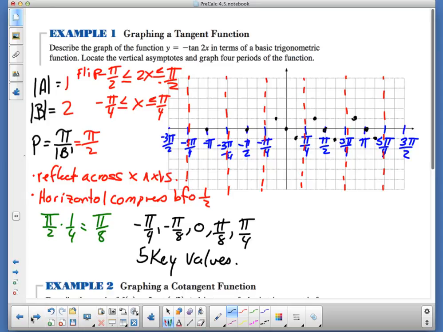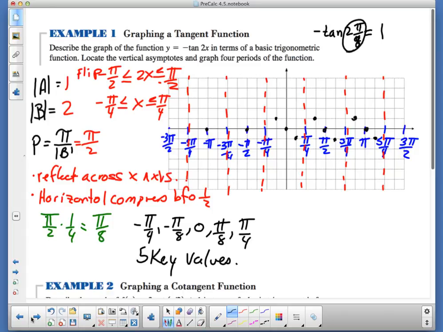And where I got those is at pi over 4, and I can even put it into the function itself. If you want, you can go pi over 8, excuse me. That would equal negative tangent of pi over 4. Generally, tangent of pi over 4 is 1, but with the negative here it's negative 1. We're talking about a negative value, but here it's positive 1. Okay, so it's going to go there.